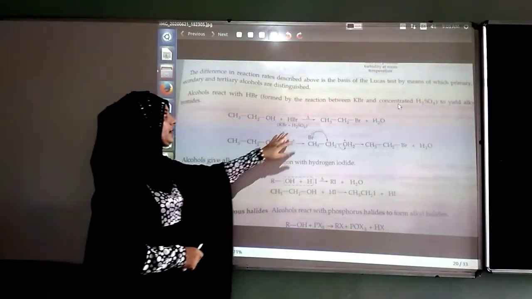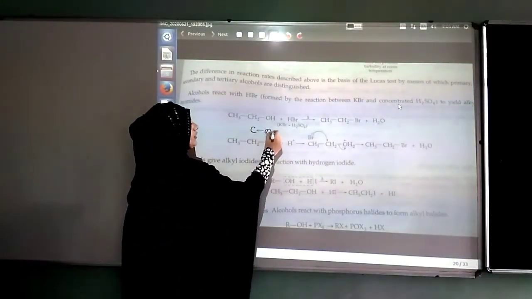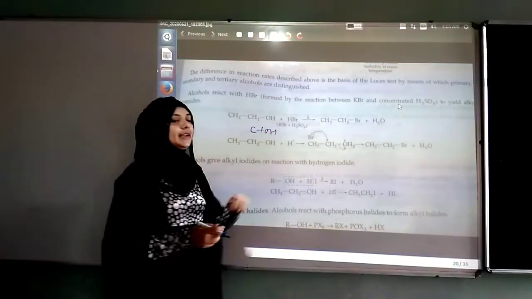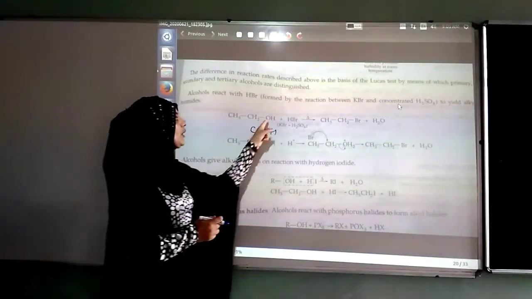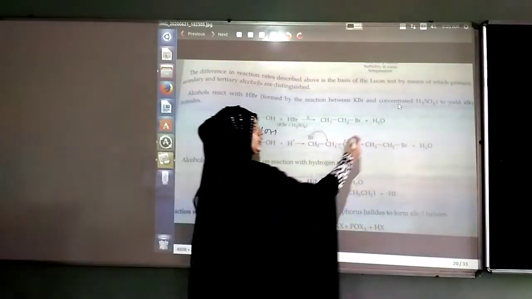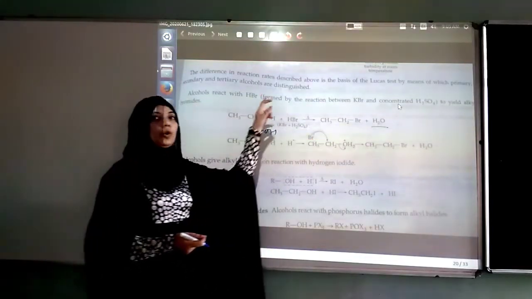Reaction with HBr. As we all know, we are learning the reactions of C-O bond cleavage. Here you are able to see that OH, as it is negative, will go out with the H, which is positive, of HBr, resulting in a water molecule. So what will be your product? Your product will be brominated.